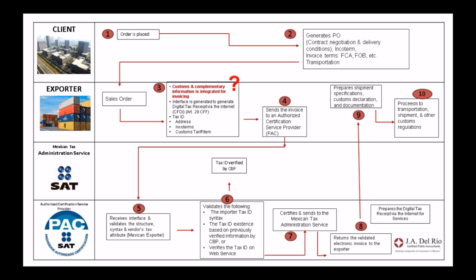And here I put a question mark, because in this part is when we believe this new electronic invoice will request the taxpayer to put some information that he might not have. He might not be an expert on customs matters.